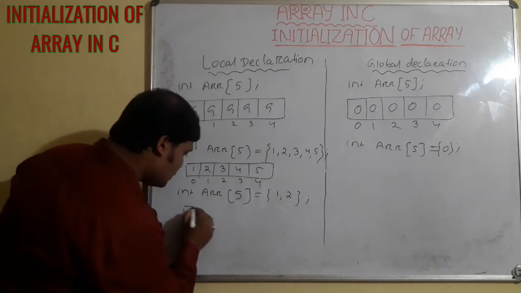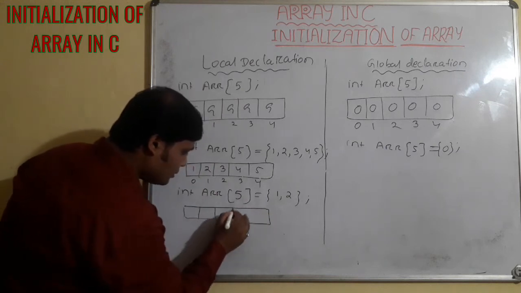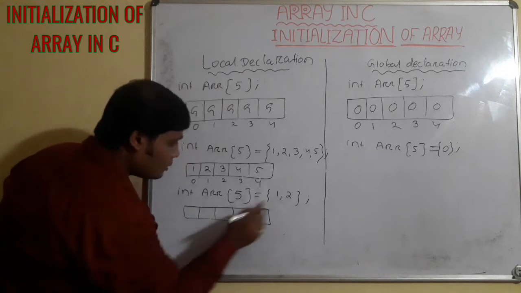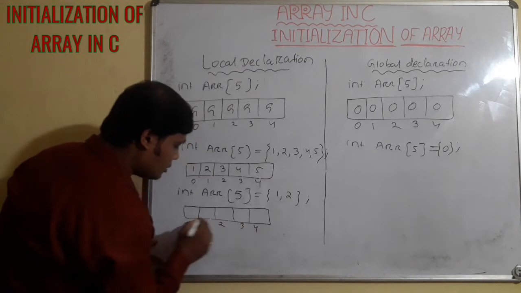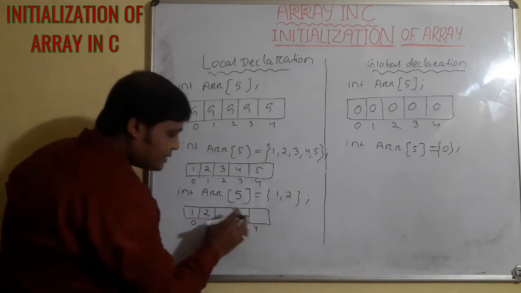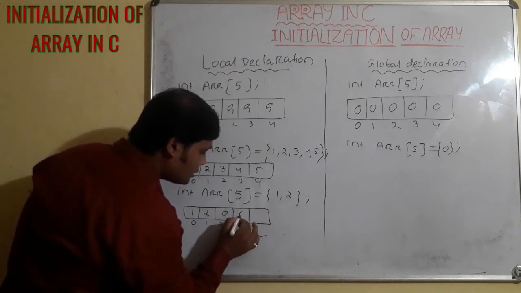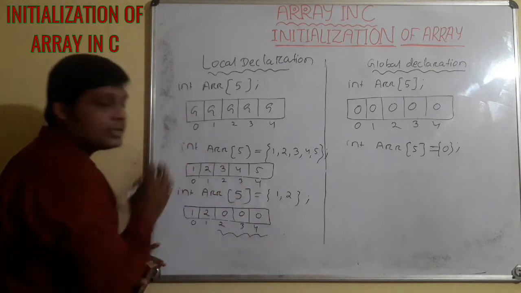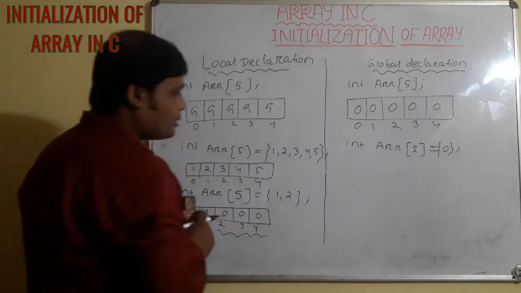Just see how the memory will be allocated. I have given only 2 elements. This is 0, 1, 2, 3, 4. So 1 and 2 will be stored. The rest of the places will be filled with 0. This will be initialized with 0 by default. Clear?